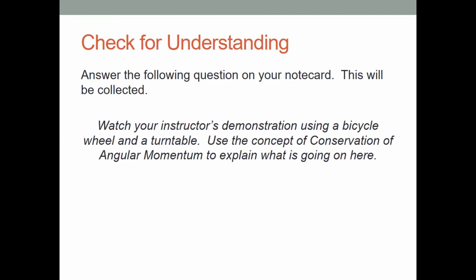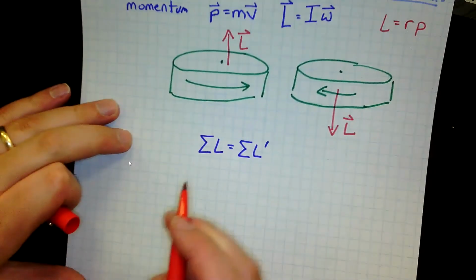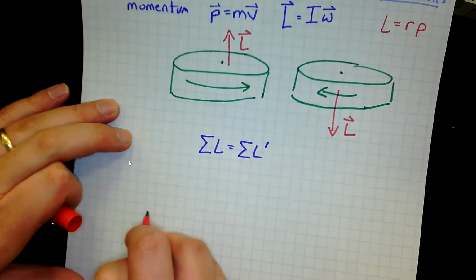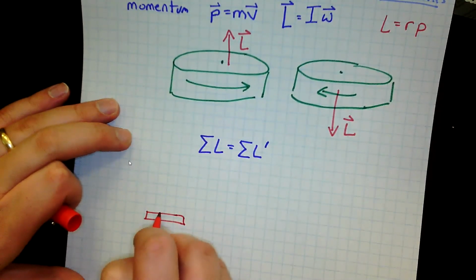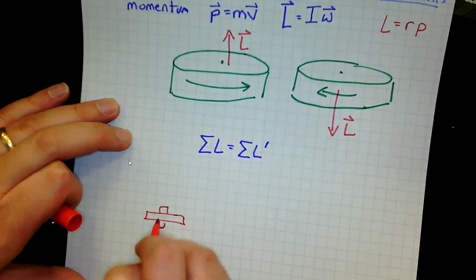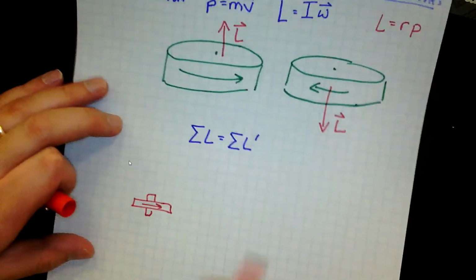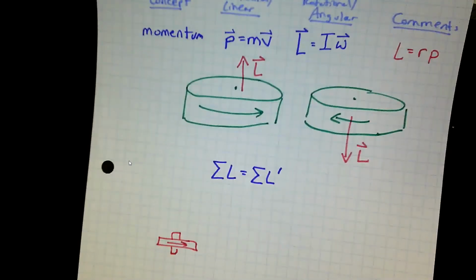You imagine what's happening here. This is going to be a very poor drawing, but it'll get the point across. So here's a wheel that's going this way, so it's going to have an upward angular momentum.